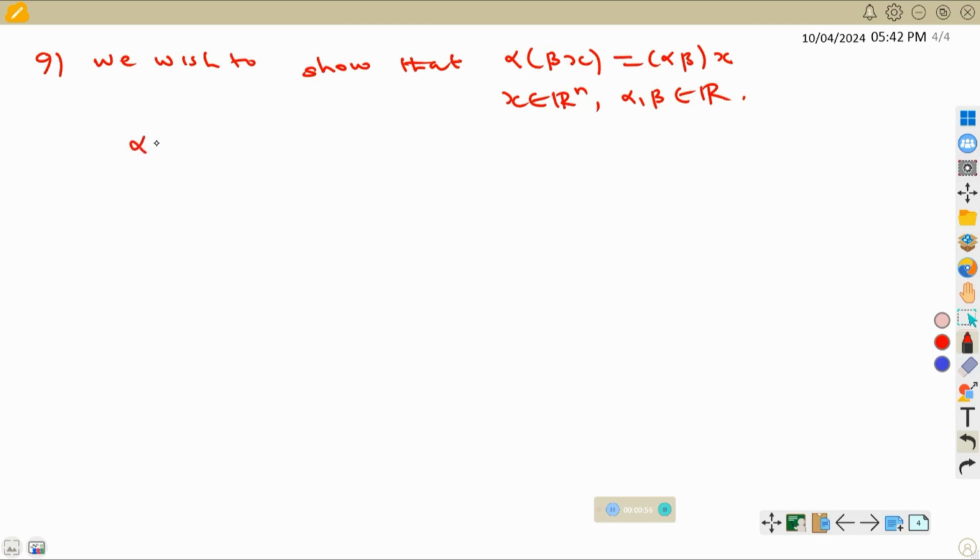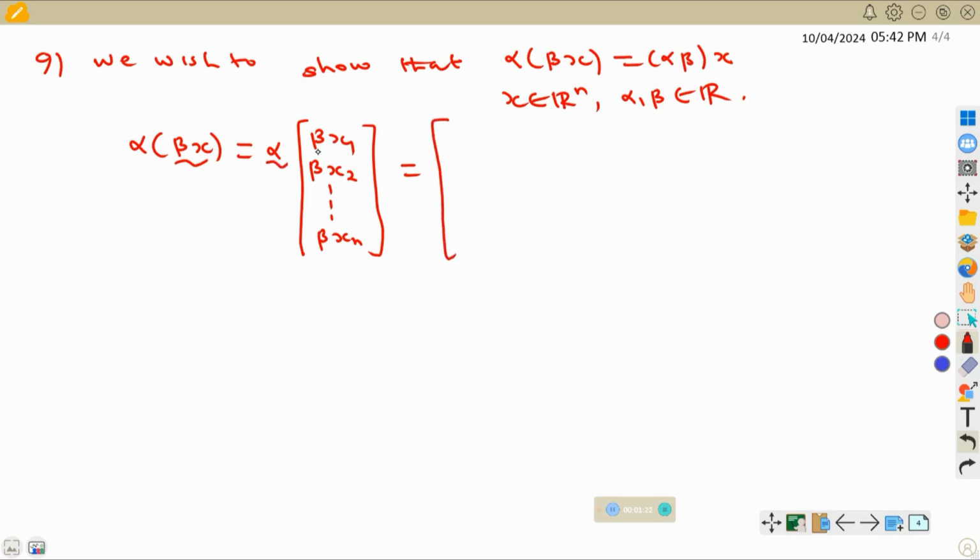So let us start with alpha into (beta x), and this will be the same as alpha into (beta x1, beta x2, up to beta xn). This is a scalar, so it will multiply into each of these: alpha into beta x1, alpha into beta x2, up to alpha into beta xn.